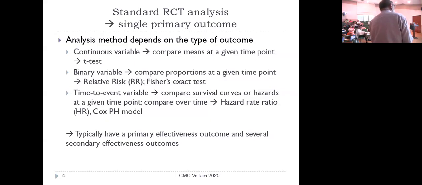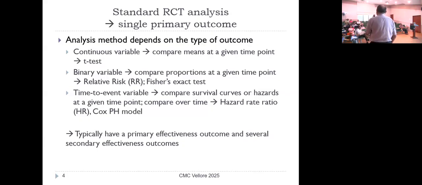If it's a time to event variable, which is the topic of this workshop, then we are comparing survival curves or hazards at a given time point, or most likely it's compared over time. This is what's more typically done. And it's the hazard rate ratio that we calculate and the Cox model. So we've seen this. This is exactly what we've done all morning, but nothing new.